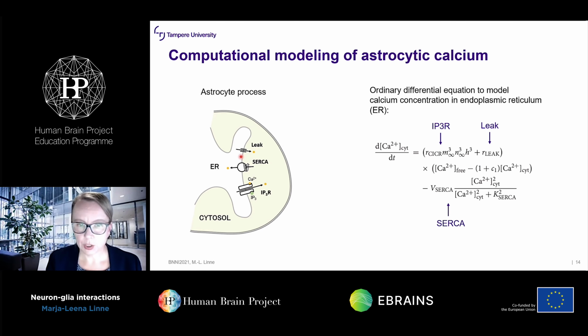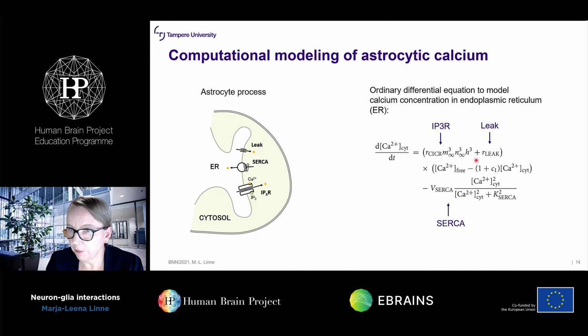If we assume that our calcium signal is contributed by these three elements on the astrocyte process, namely the leak current on the ER membrane, the SERCA pump that is transporting calcium into the ER, and the IP3 receptor that is quickly releasing calcium for the astrocyte to use for information transmission, we can use equations like shown on the right side. We can compute the time evolution of calcium concentration inside this astrocyte process using these three different terms.